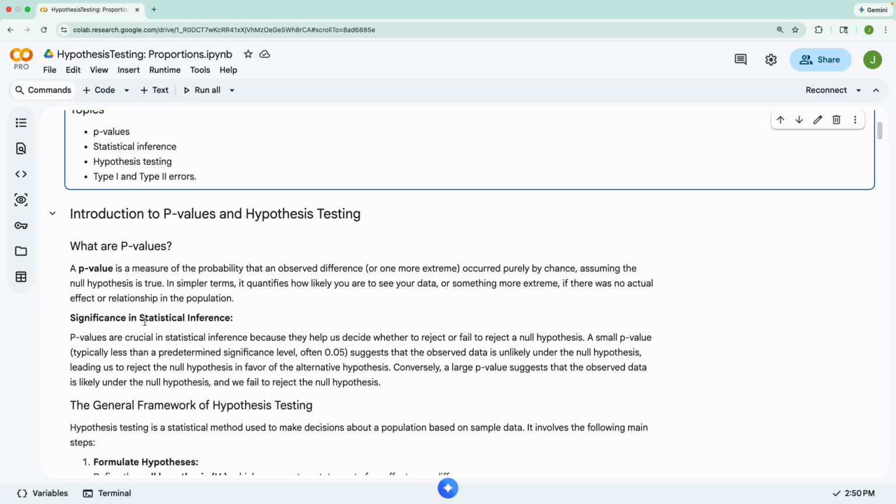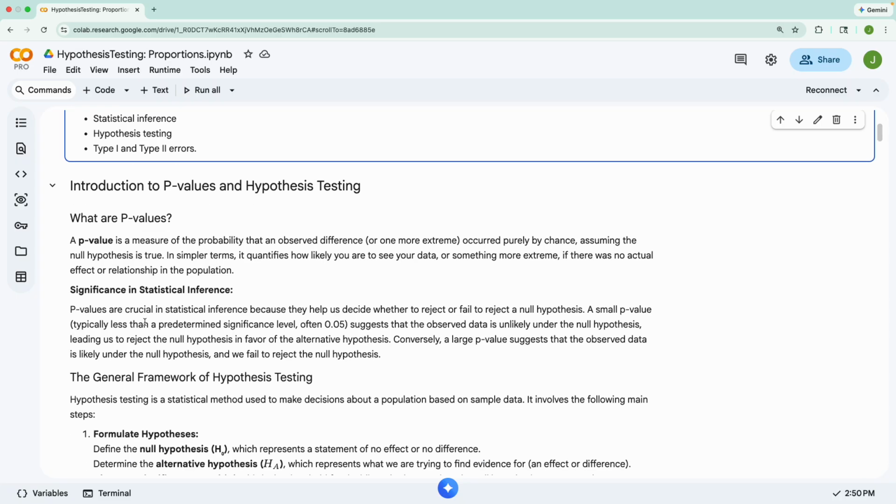The alternative hypothesis is that it's not due to random chance, that there is something different that is affecting it. The p-value relates to statistical inference because it helps us to decide between a null or an alternative hypothesis, i.e. it helps us to make decisions.